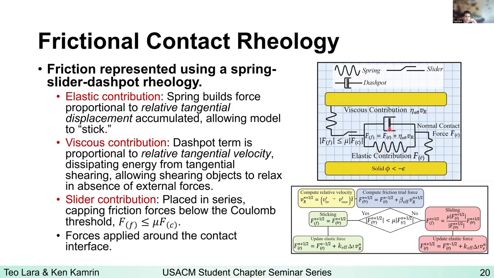There's also a viscous contribution, which scales with the relative tangential velocity. And this is what dissipates energy away from the contact, allowing two shearing objects to relax in the absence of external forces. And then there's this slider contribution, which just caps the friction forces below the Coulombic threshold, which is important for our model. And all your forces are applied at the contact interface between the fluid and the solid.